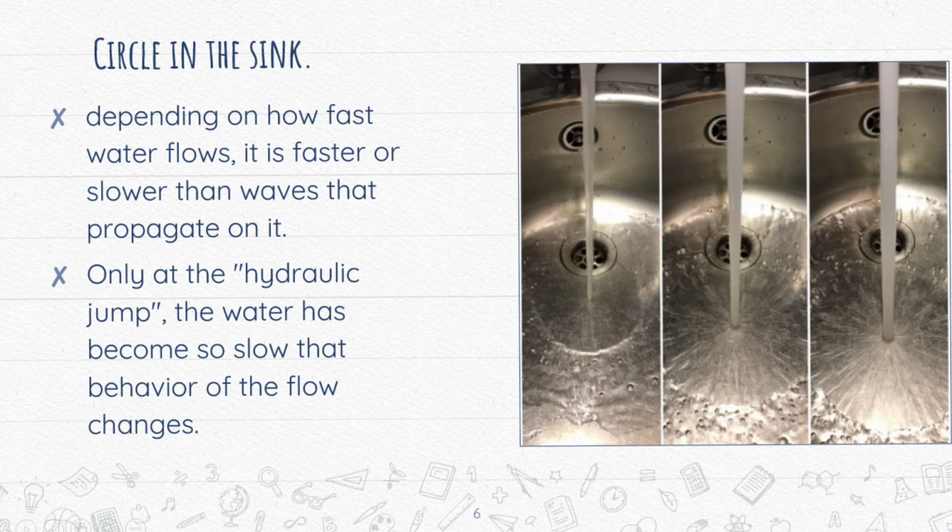The water looks smooth. Only at the hydraulic jump, the water has become so slow that the behavior of the flow changes. The water level rises abruptly and the water only flows rather than shoots. Waves can move freely in all directions and the water therefore looks much more irregular.